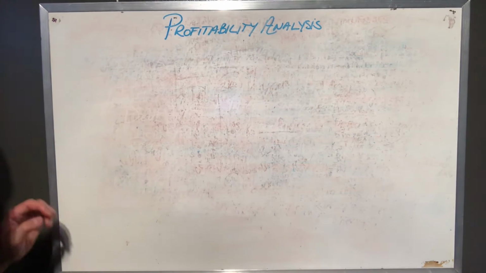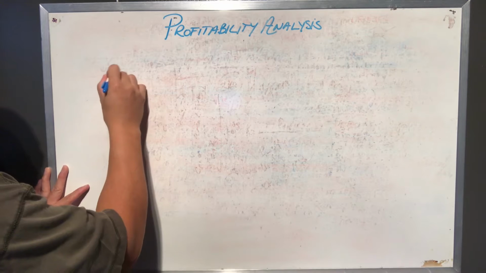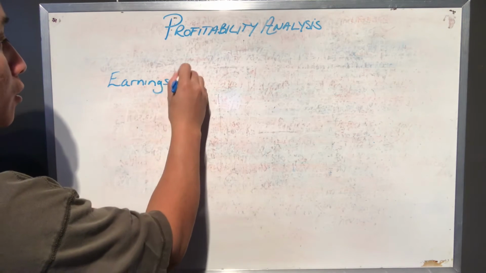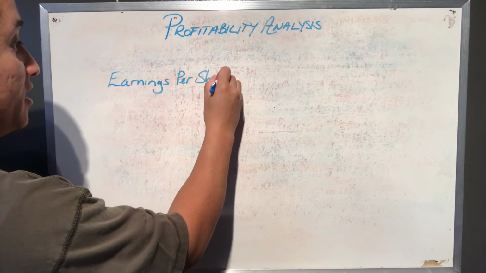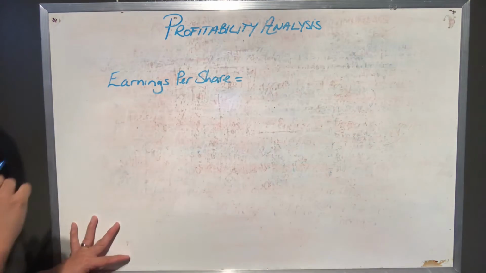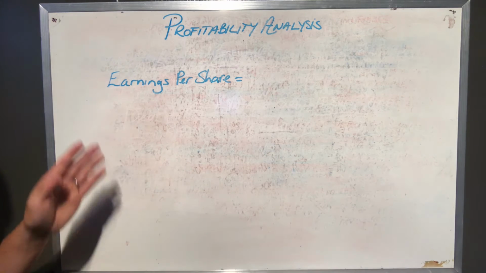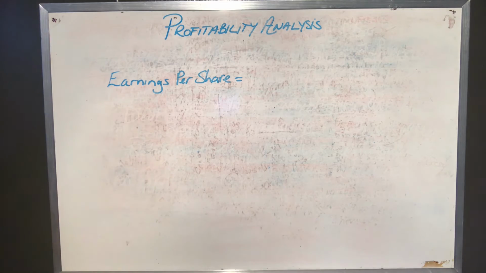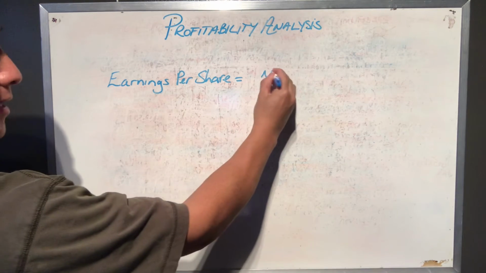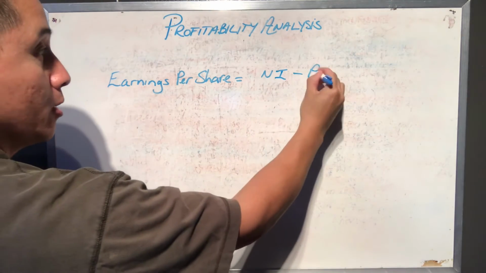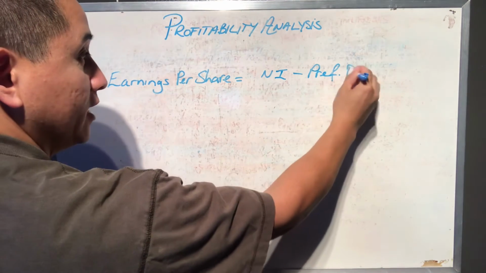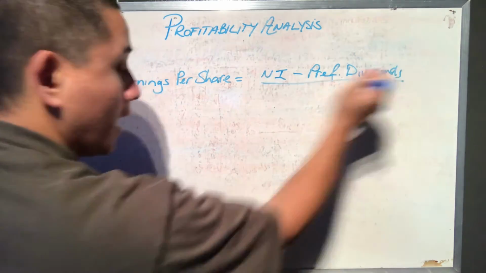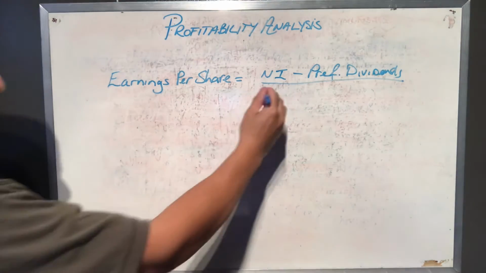Our next ratio is called earnings per share. Now this is a very popular ratio that is used. It's a company's bottom line stated on a per share basis, and it's calculated as net income less preferred dividends divided by weighted average.